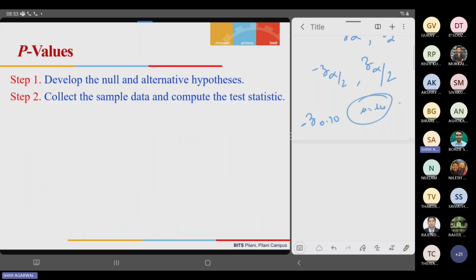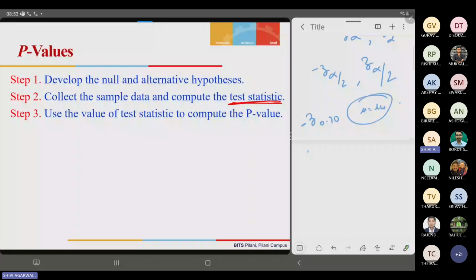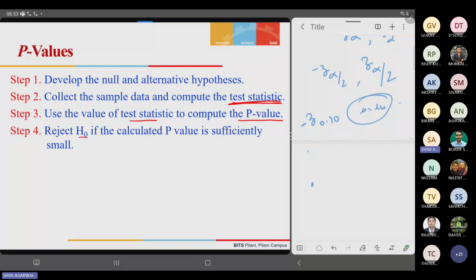The algorithm: as in hypothesis testing, develop the null and alternate hypotheses, then compute the test statistic based on the sample data, and then use the test statistic value to compute the p-value. If the calculated p-value is sufficiently small, we reject H naught. Otherwise, we fail to reject H naught.